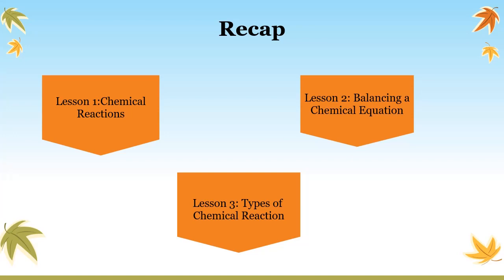So we studied how compounds break down, how elements combine to form a compound, how reactants are added to form a product, and how a product is broken down to form the reactants.